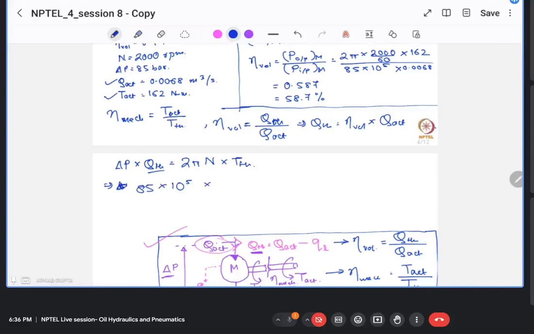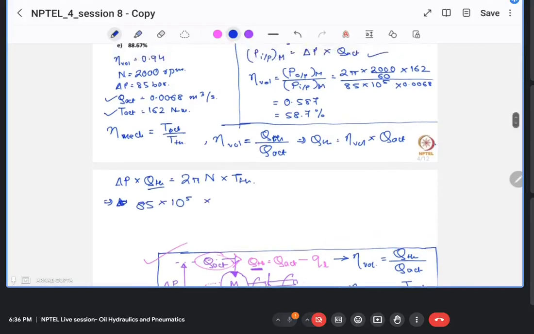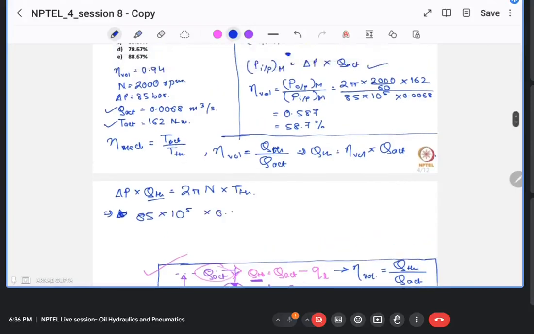Q theoretical is eta volumetric, that is 0.94, multiplied by the actual, 0.0068, equal to 2 pi into n, which is 2000 again divided by 60, you shouldn't forget, into T theoretical. So from here you will get T theoretical.